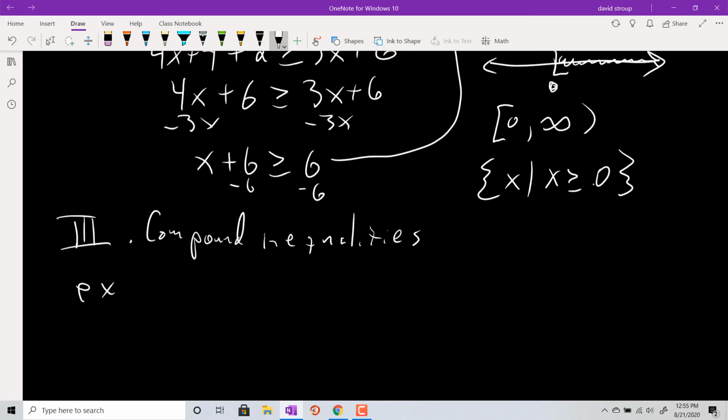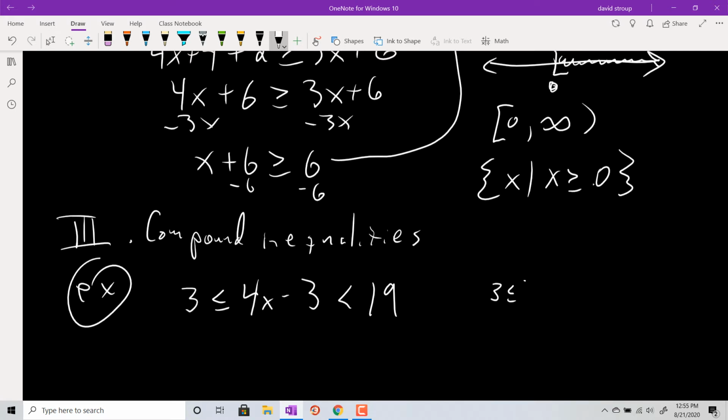For example, here we have 3 less than or equal to 4x minus 3, which is less than 19. Okay. What does this mean? It means two things. It means 3 less than or equal to 4x minus 3, and 4x minus 3 is less than 19.